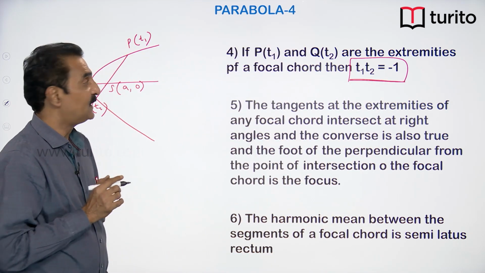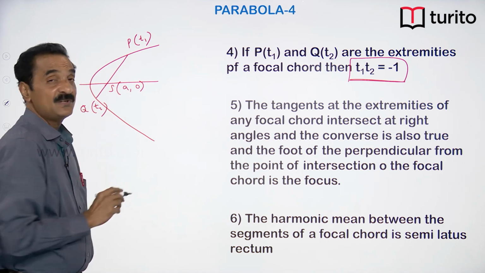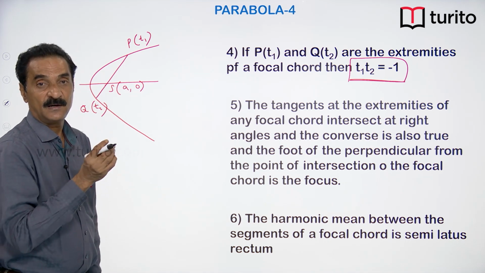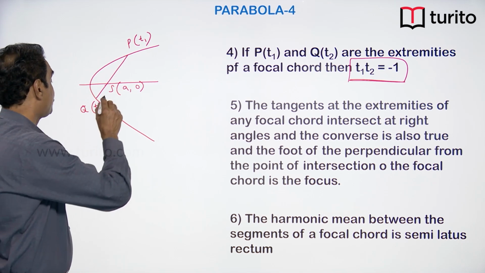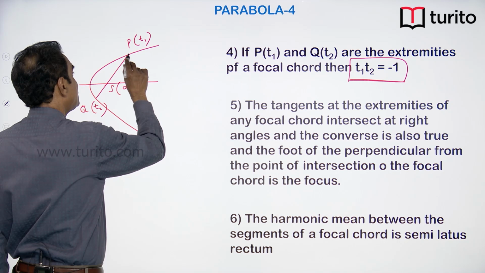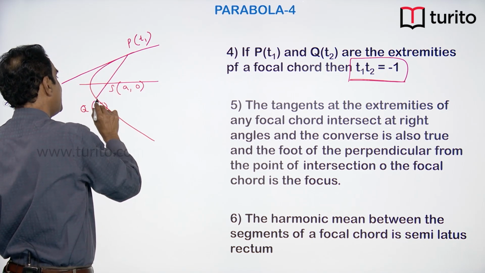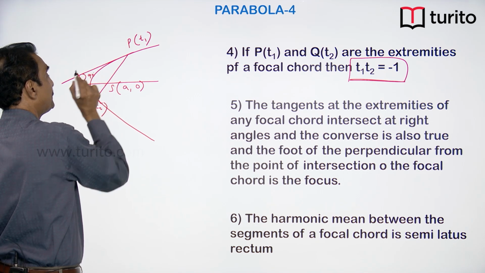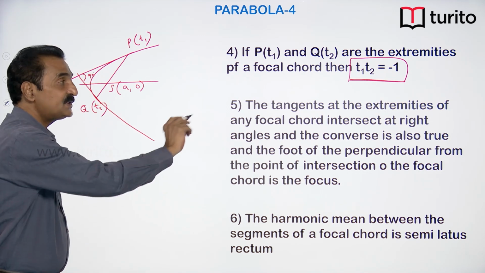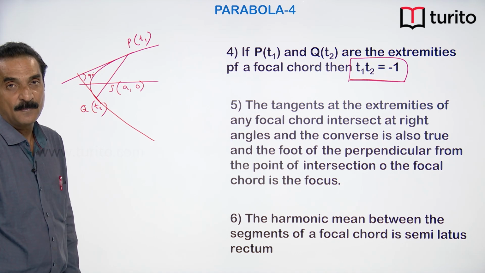But if you remember, the same condition is there for another theory point. What is it? If the tangents at P and Q intersect at right angles to each other, perpendicular to each other, the condition is T1 T2 is equal to minus 1. We have studied.